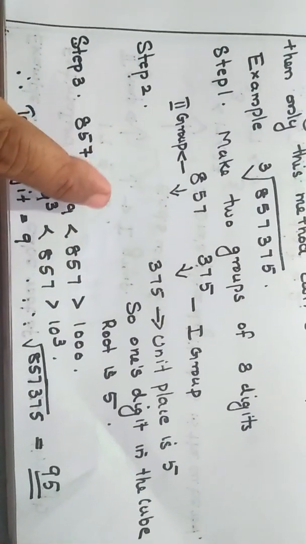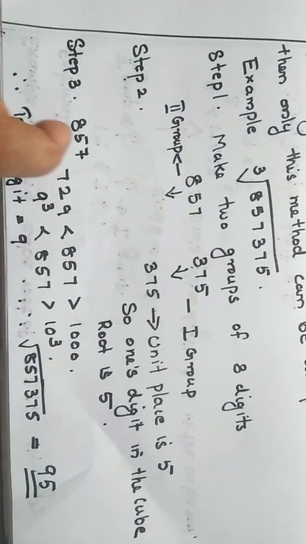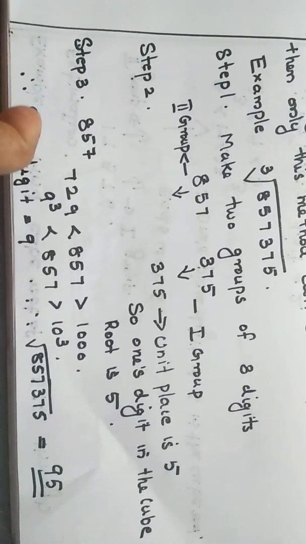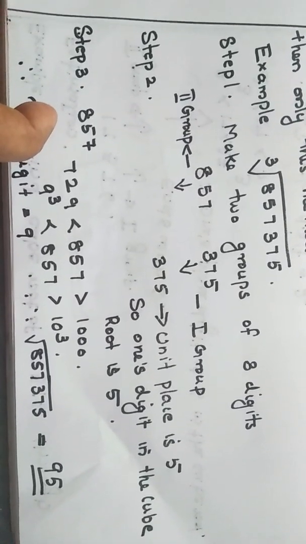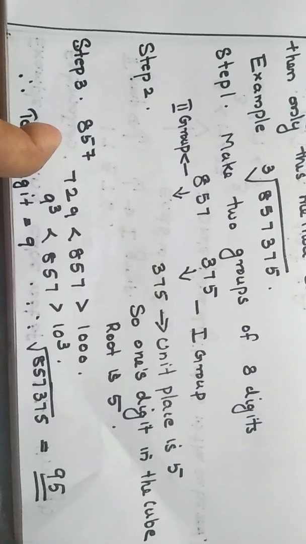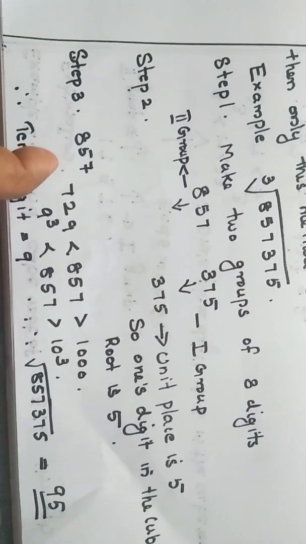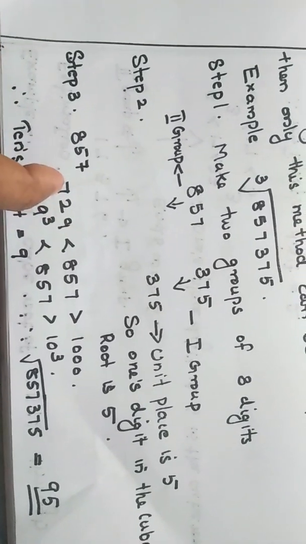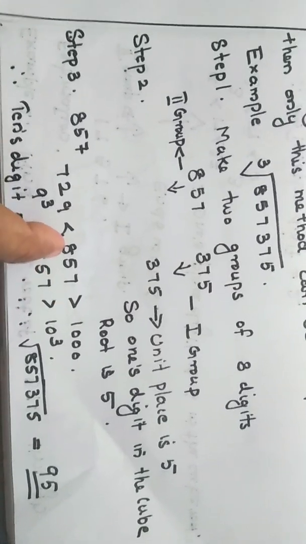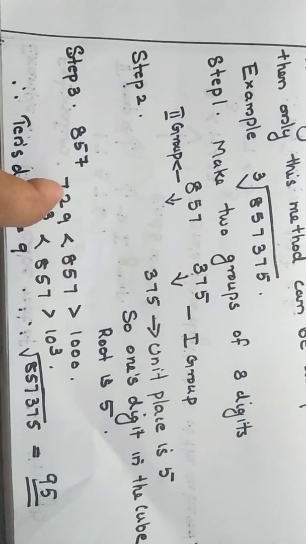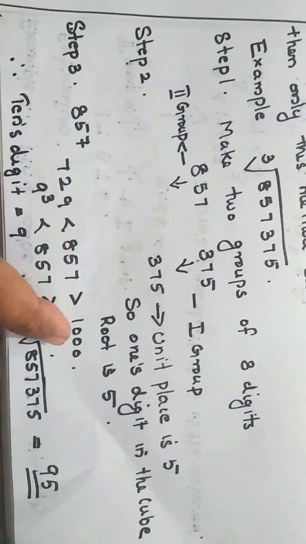Then consider the second group, 857. So we will assume 857 will be in between two perfect cubes. Which perfect cubes are there? 729 and 1000. 857 is in between these two cubes, 729 and 1000.